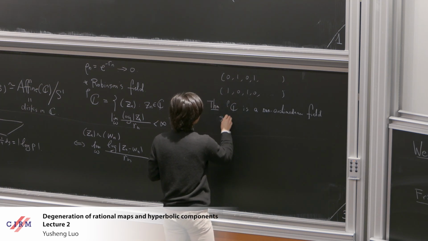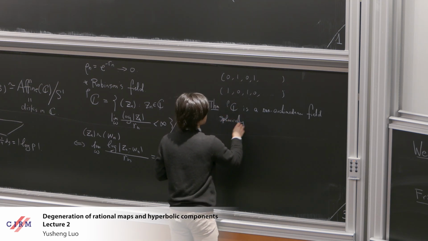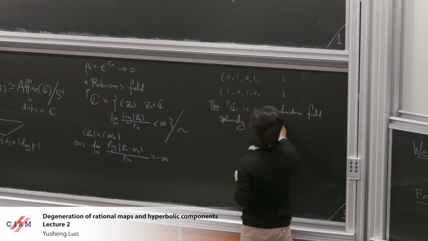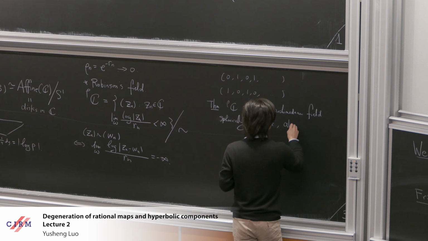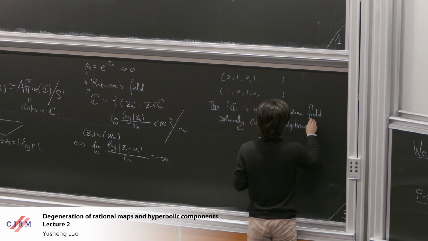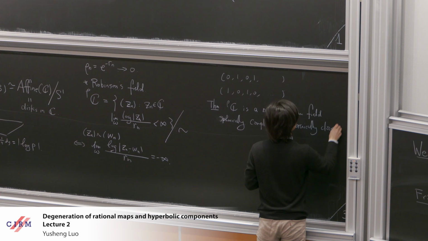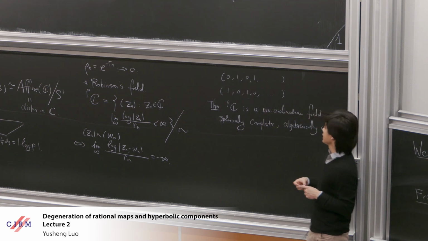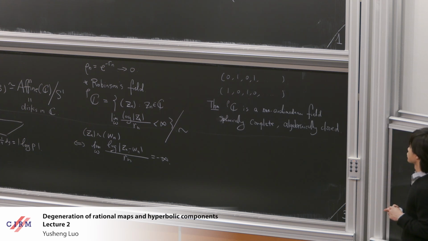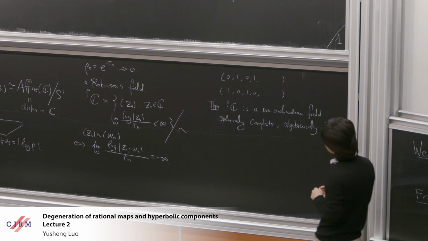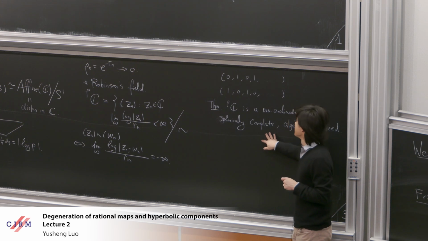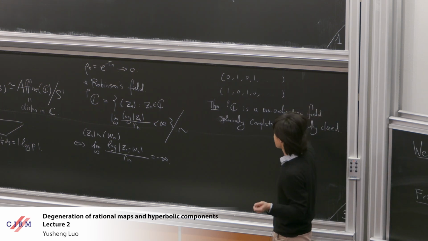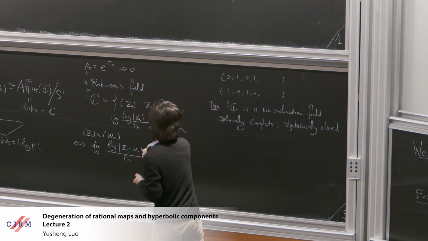In fact, it's spherically complete. And it is algebraically closed. Spherically complete means that any nested intersection of closed balls is non-empty. And the non-Archimedean norm, or the valuation, is simply defined by this limit.